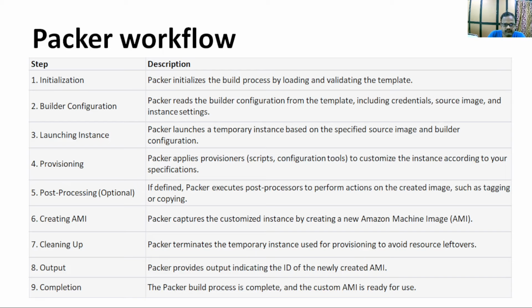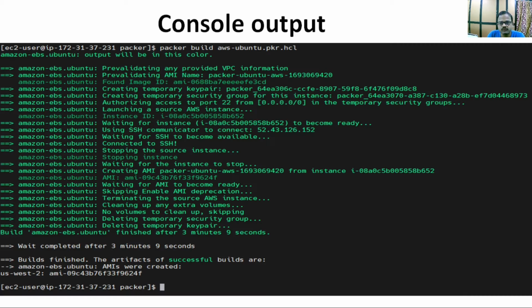Whatever we have discussed, I have put in a workflow in tabular form. Just have a look. And this is the console output. I have taken a dummy file just to show you what steps we have gone through. As it is a dummy one, I have not made any configuration on top of it, just taken a base image and simply run that template.